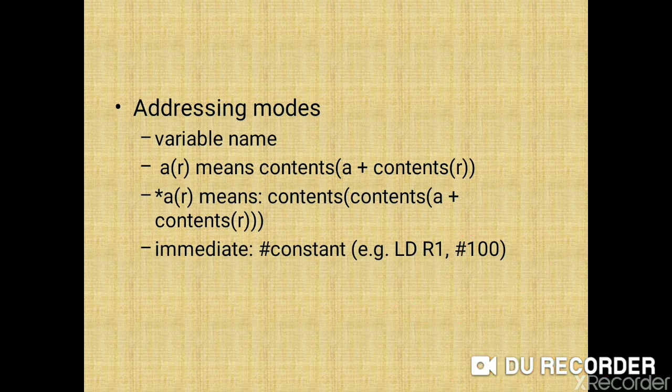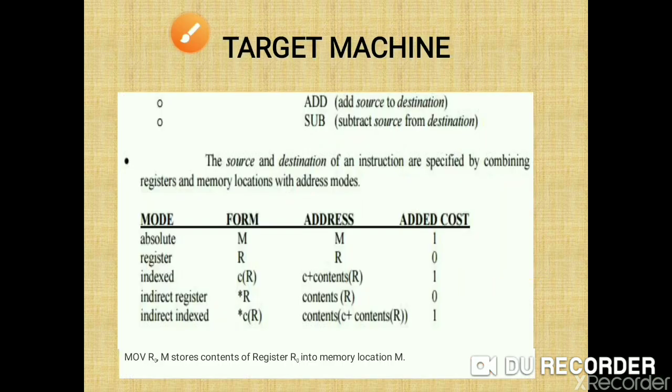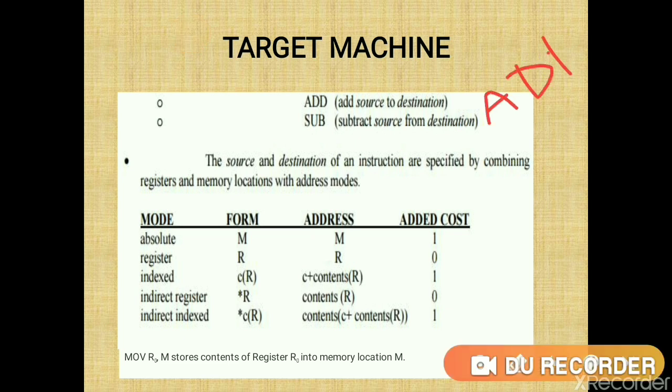Now we will see the addressing modes. Here you can see add and sub. Add and sub are assembly language instructions that we are using in the target machine. Normally the opcode add represents add source to destination.